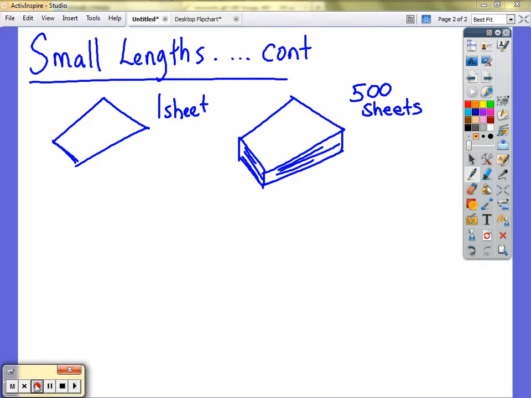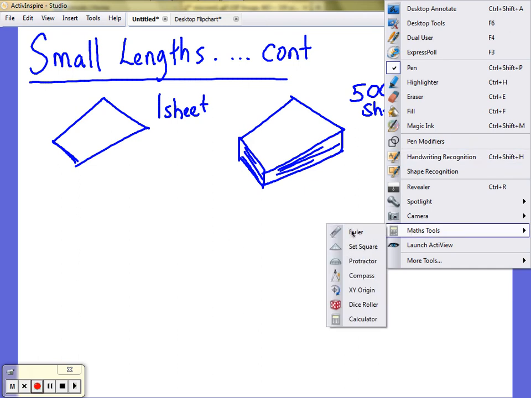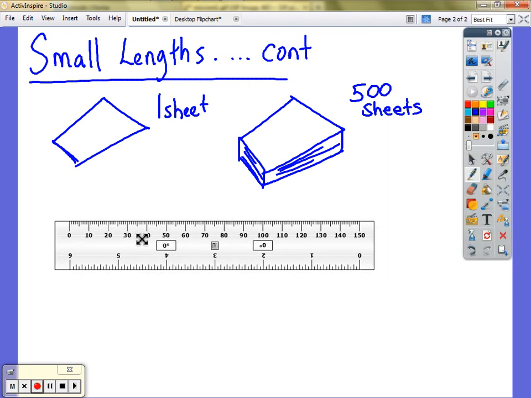That's the hard way. The other way is to do multiples. So let's say I had a ruler and I wanted to measure the thickness of a sheet of paper. I could bring up a ruler. Math tools. Ruler, nailed it. Okay, so you would try to use your ruler to measure the thickness of one sheet of paper, and you find out that it's pretty much just that thick.